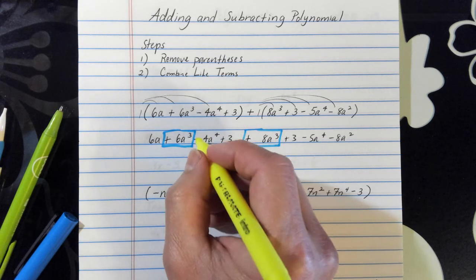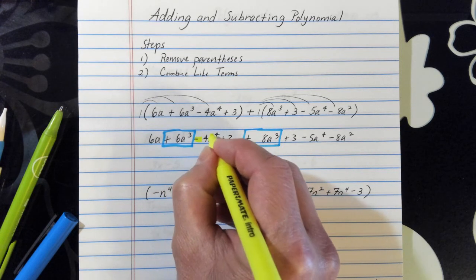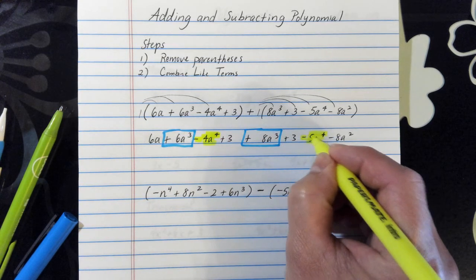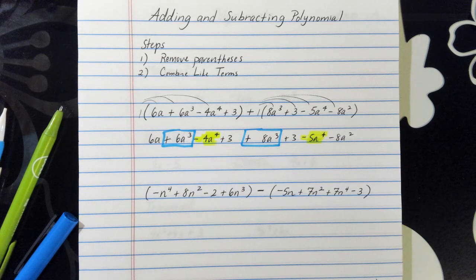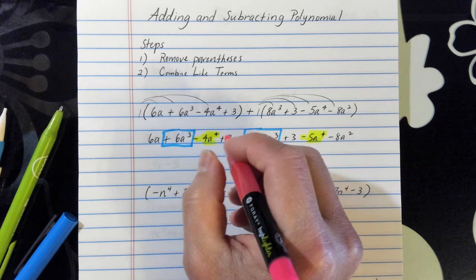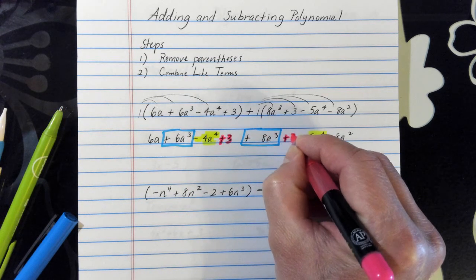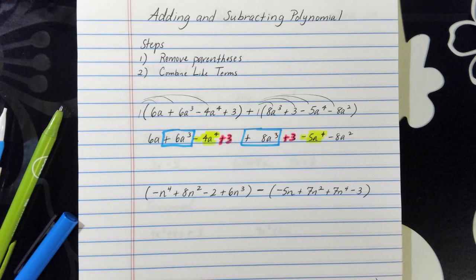Let's see, we've got negative 4a to the 4th and negative 5a to the 4th. Those are like terms, so we're going to be able to combine them. And we've got a positive 3 here and a positive 3 here. Those are like terms.